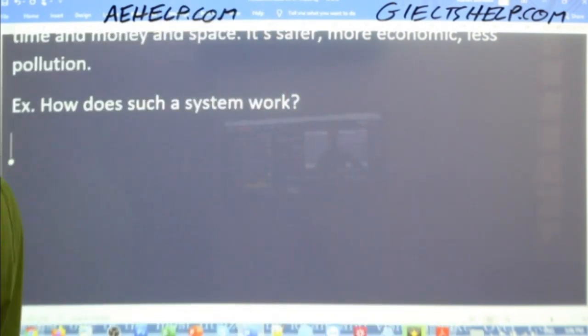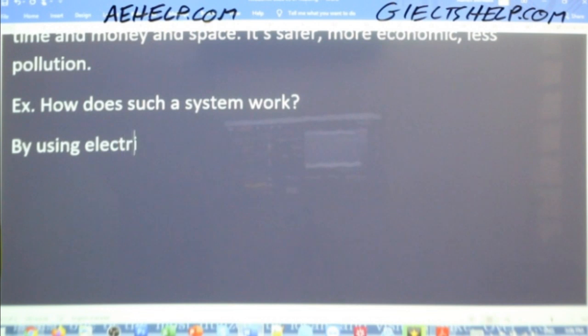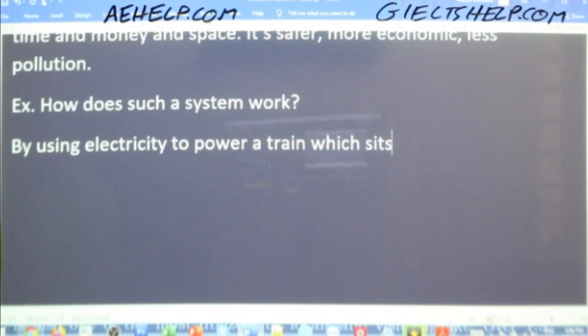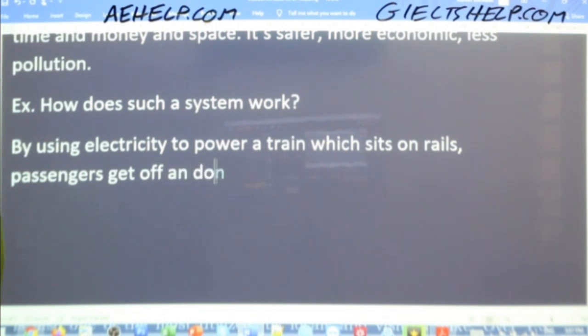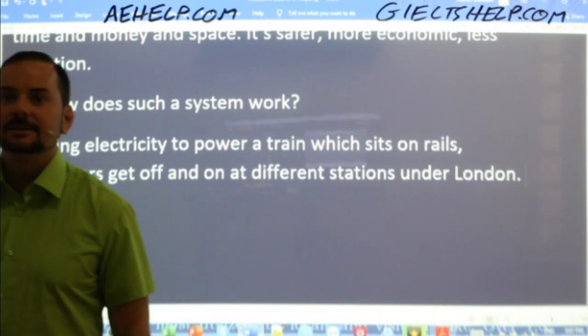So give me a description of how a metro works: using electricity to power a train which sits on rails, passengers get off and on at different stations under London, right?